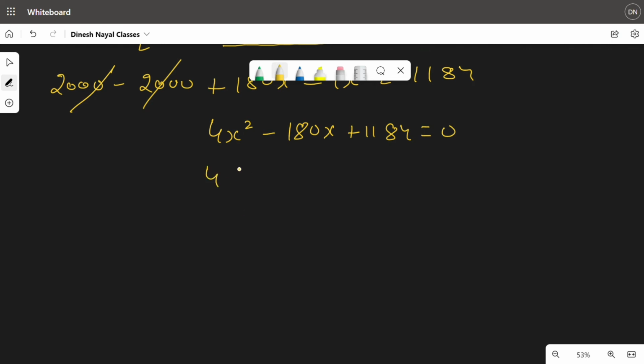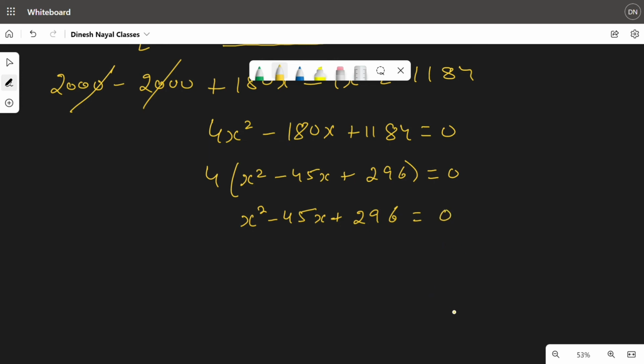So taking 4 common, this will be x square minus 180 divided by 4 is 45x, plus 1184 divided by 4 is 296, equals 0. So the equation will be x square minus 45x plus 296 equals 0.